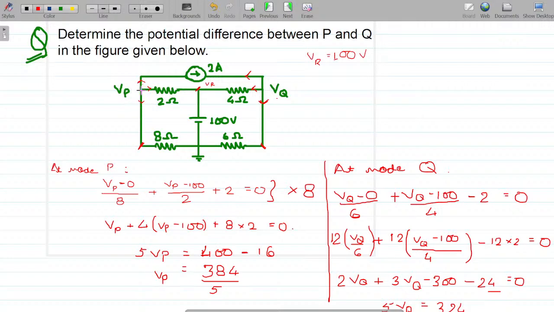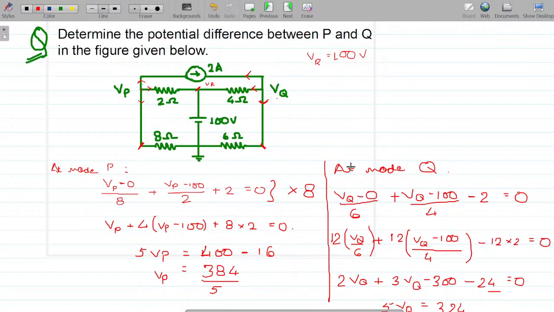So if we take Vp, then we calculate assuming all currents to be outgoing, and by the principle of KCL the sum of all outgoing currents at any node would be equal to 0. Using such a principle we can calculate this question.